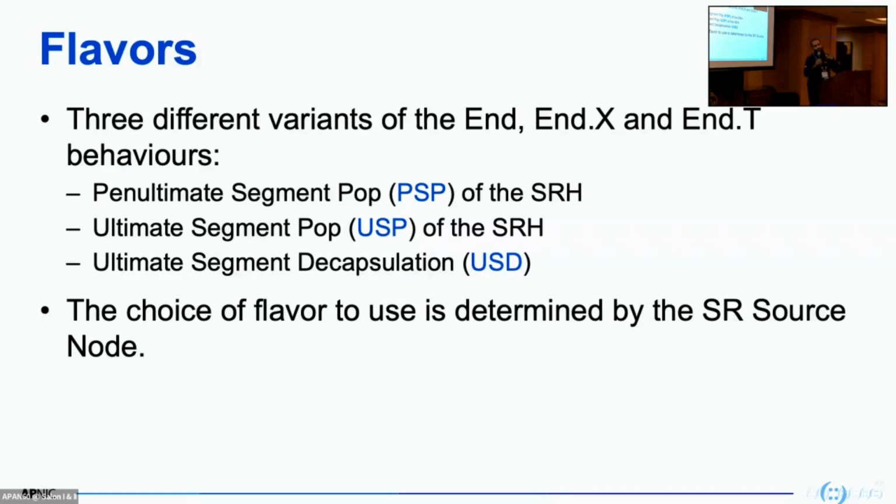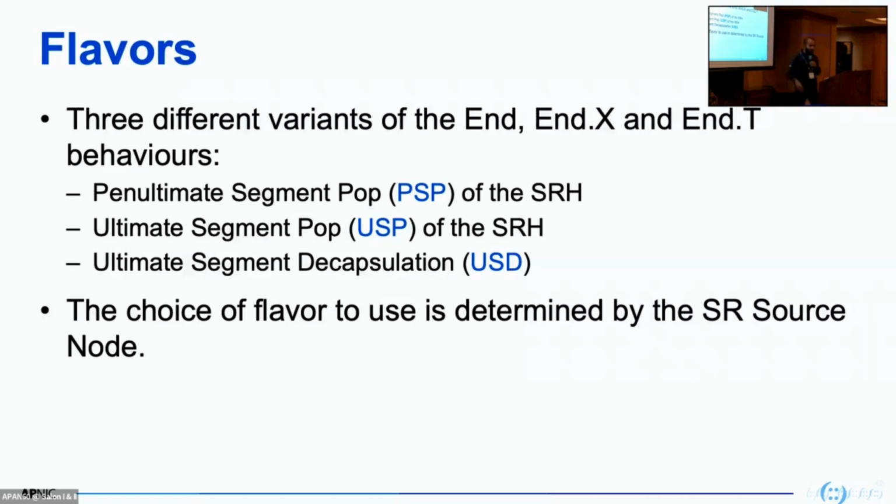So penultimate segment pop or PSP is I want the second last node to remove the top segment. And this one is I want the last node to remove that, not the previous node.